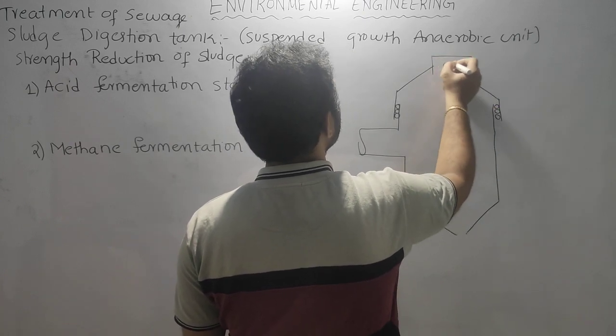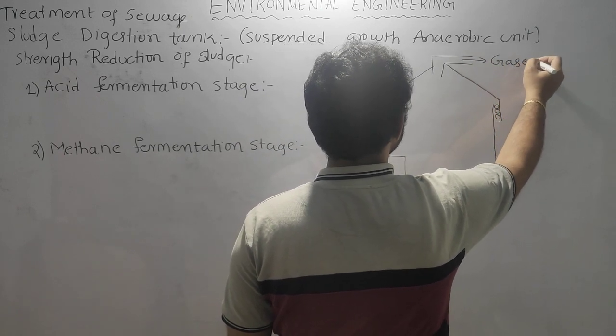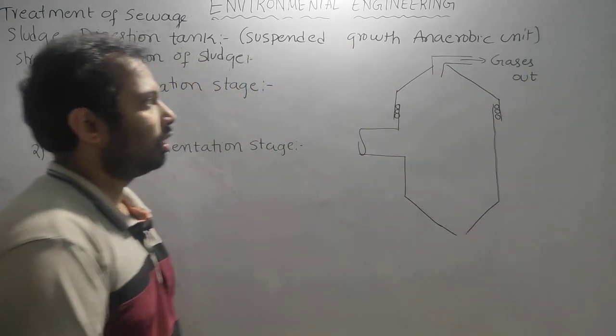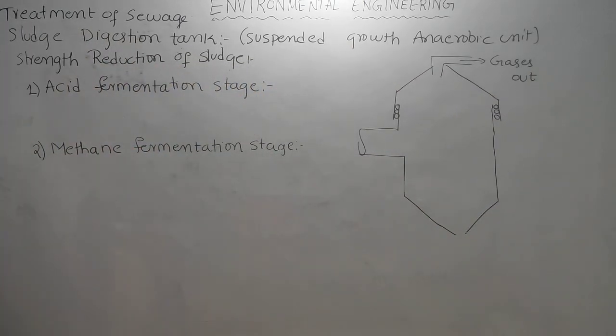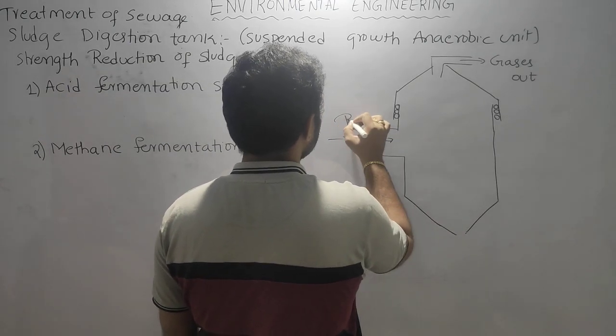The important thing is methane gas, so we collect the gases coming out of the sludge digester from this vent, and we send the sludge from this inlet zone. This is the location where we send the raw sludge.